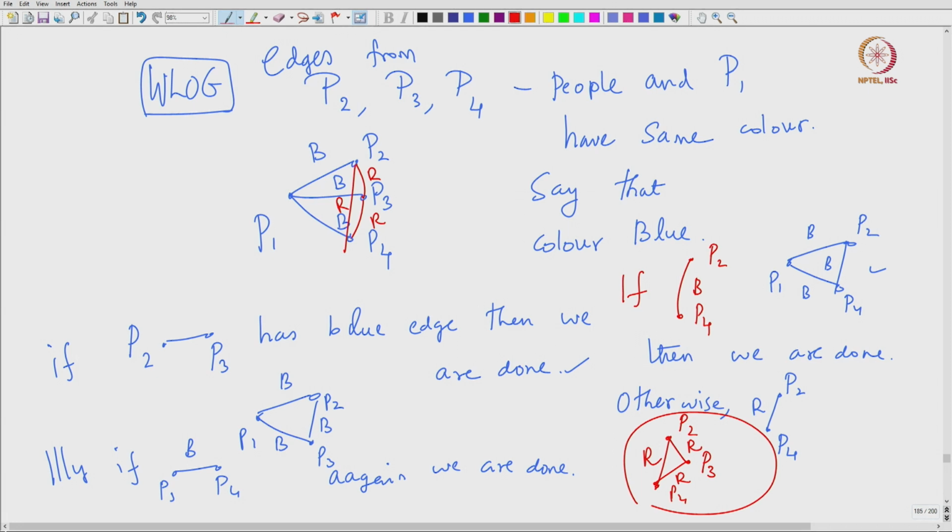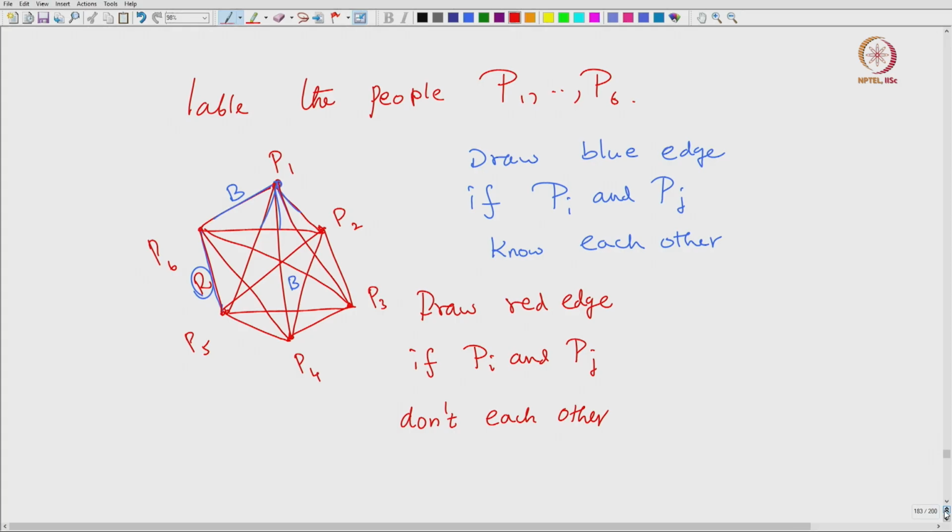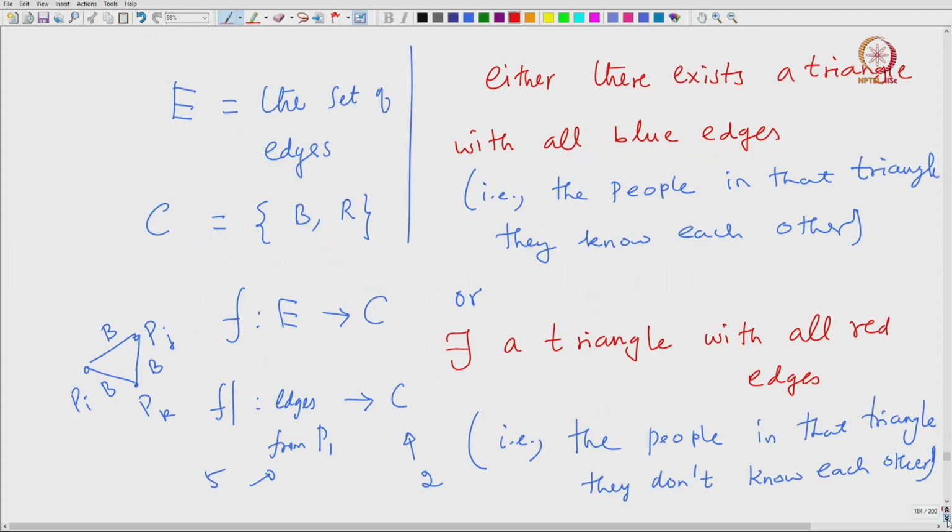It actually guarantees that when you have the complete graph on these 6 vertices, and if you color all edges of this complete graph with only 2 colors, blue and red, then what we have proved is that either there exists a triangle with all blue edges, or there exists a triangle with all red edges.